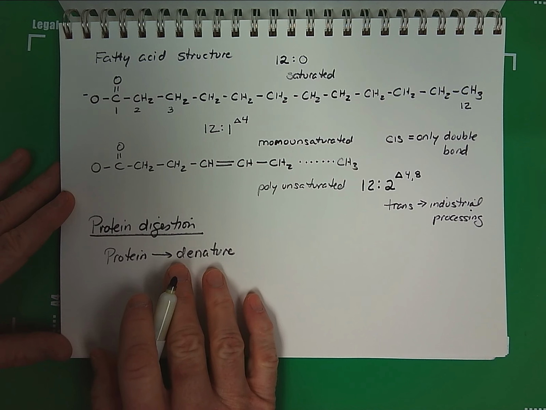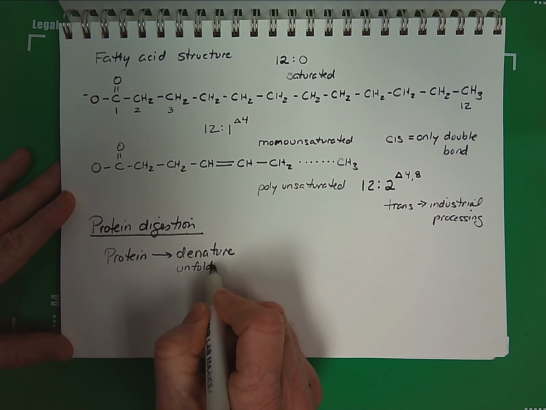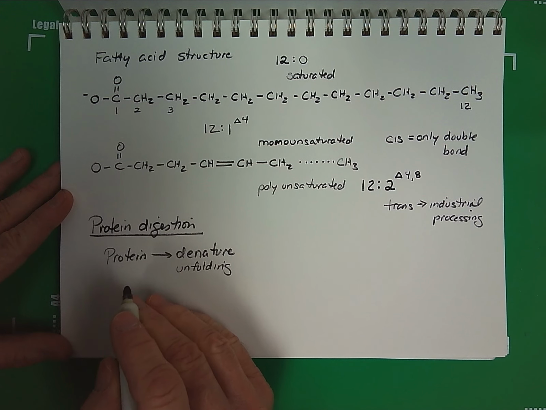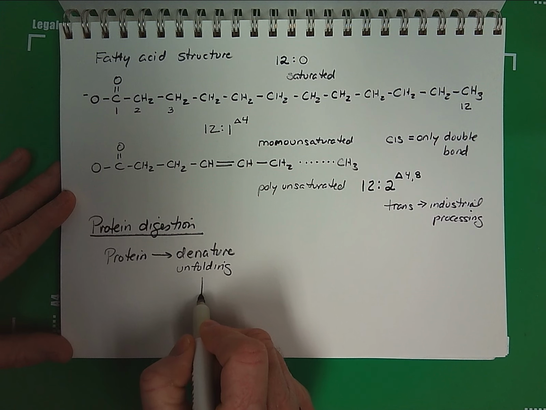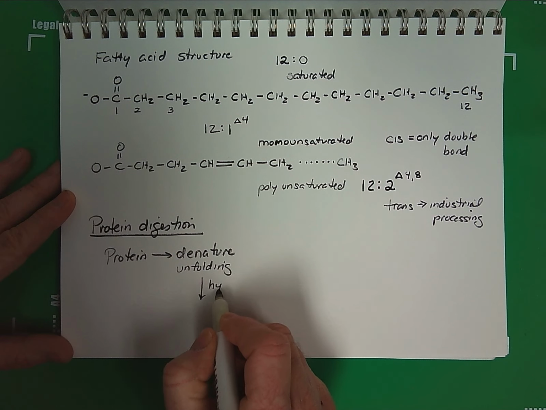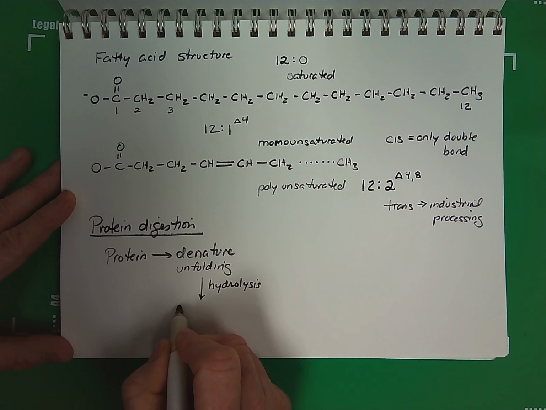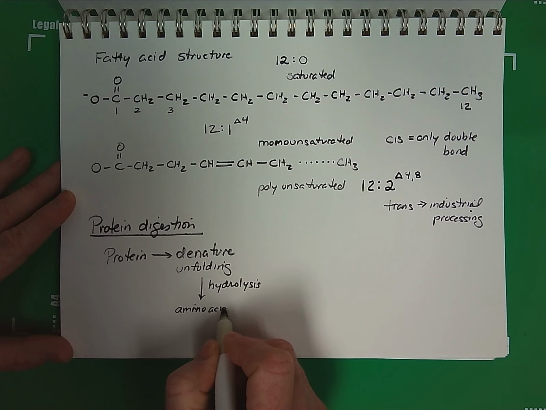The purpose of denaturing the protein, which is also equivalent to the word unfolding, is to expose the peptide backbone to enzymes that are going to hydrolyze the protein into amino acids. So these are going to be a series of hydrolysis reactions to release the protein into its respective amino acids.